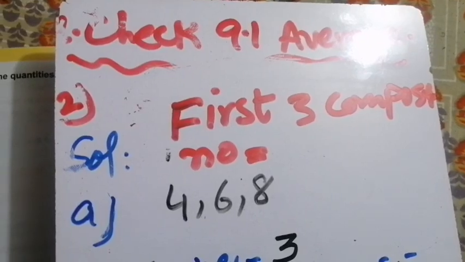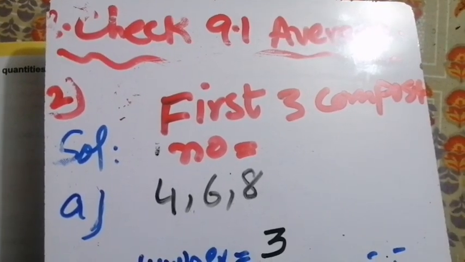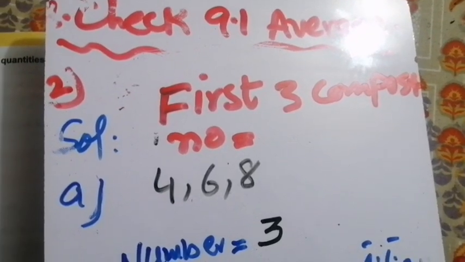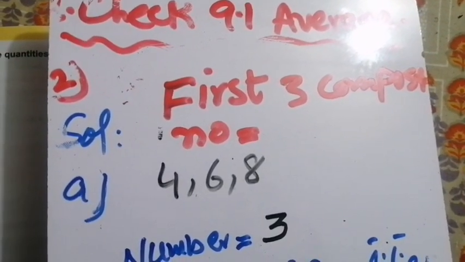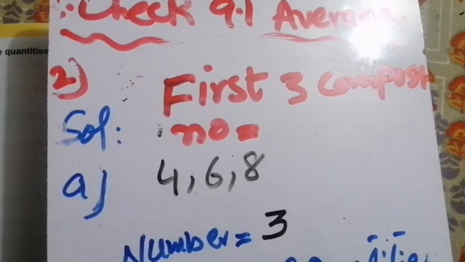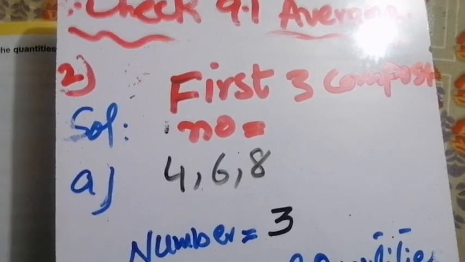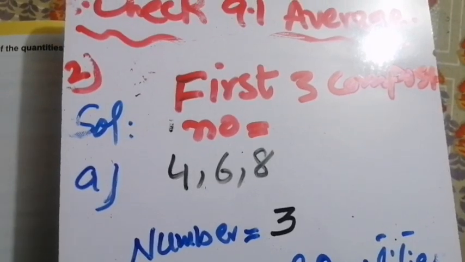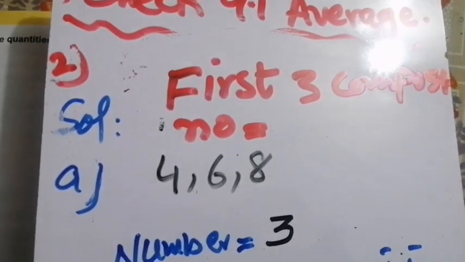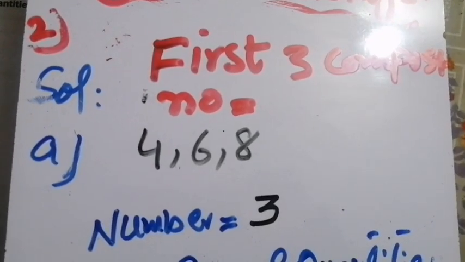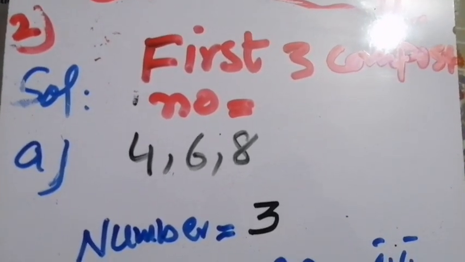Question number 2 part B is to find the average of the first 3 composite numbers. The composite numbers are those numbers which can be obtained by multiplying 2 numbers. So 2 2s are 4, 2 3s are 6, 2 4s are 8. So these are the composite numbers 4, 6, and 8.